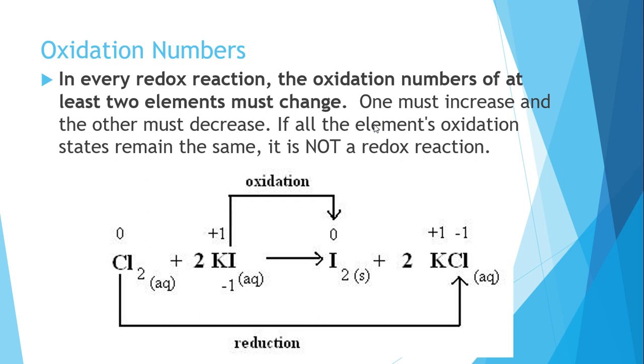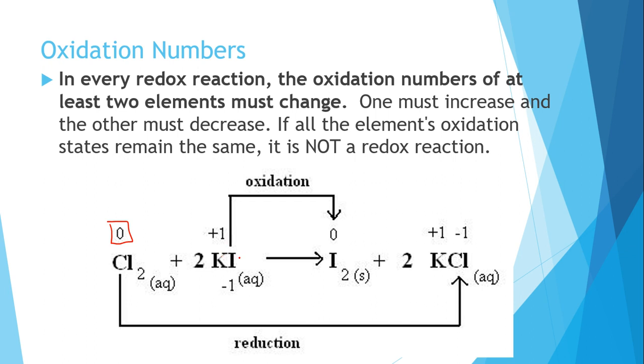We're going to apply oxidation states to these to see if a redox reaction happened. Here we have chlorine. It's a single element by itself, so it gets an oxidation number of 0. So that's why 0 is listed here.